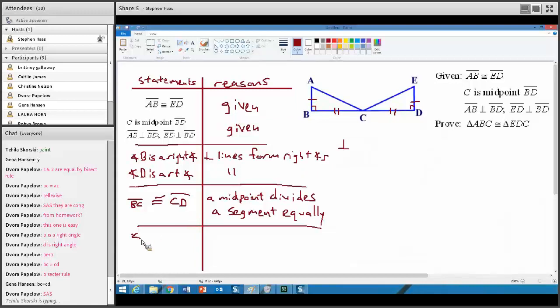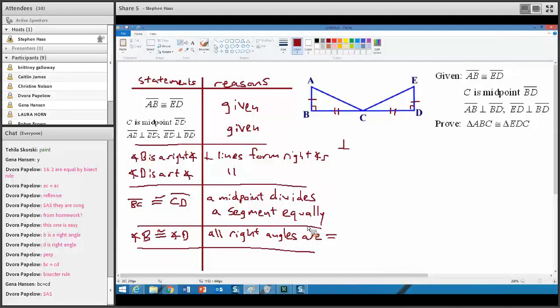We'll say angle B is congruent to angle D because all right angles are equal. I know it may seem obvious that if they're both right angles, they're equal to each other, but we still have to say it. It's still part of the proving process, is establishing that they're equal.